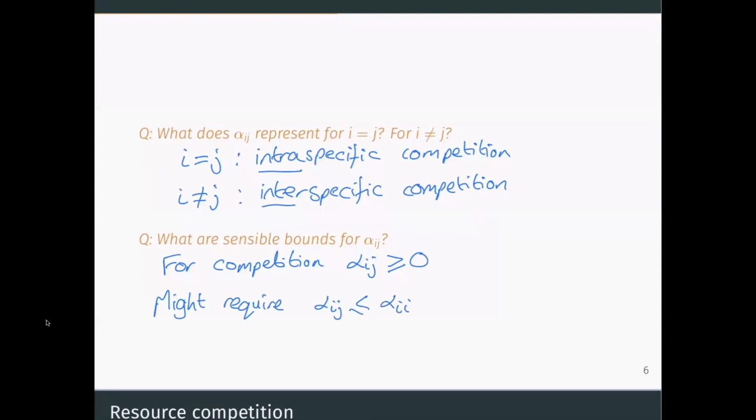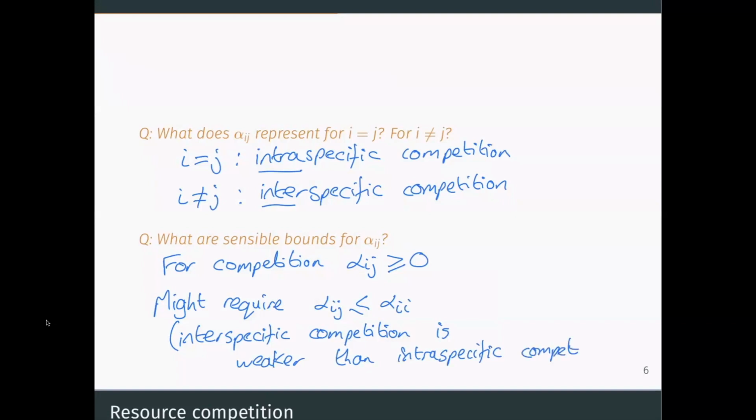In other words, we might say that interspecific competition, so competition between species, is weaker than intraspecific competition.